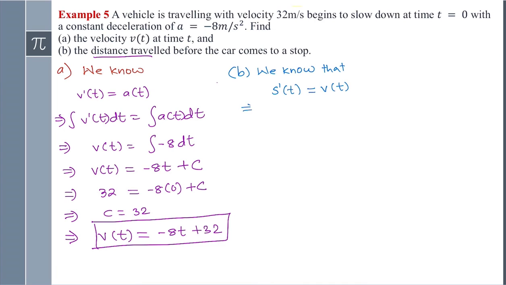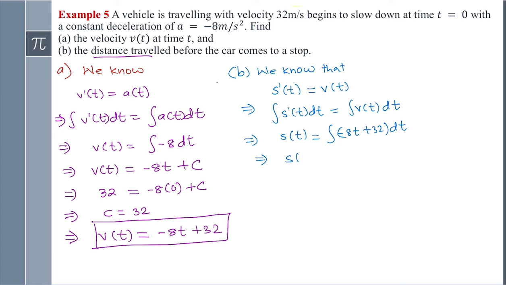Now if we integrate both sides with respect to t, we get the position function, s of t equals the integral of the velocity function, negative 8t plus 32 dt.